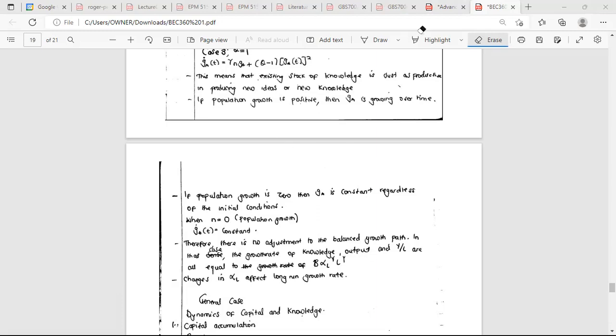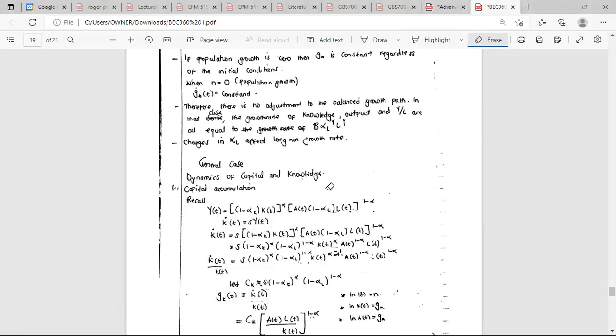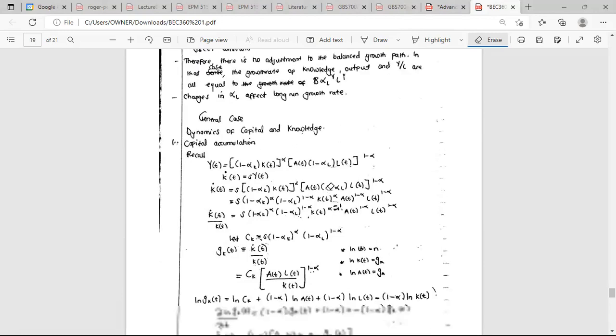Now, in conclusion, we've looked at the dynamics of knowledge. We saw that the movement of knowledge still conforms to the same Cobb-Douglas.